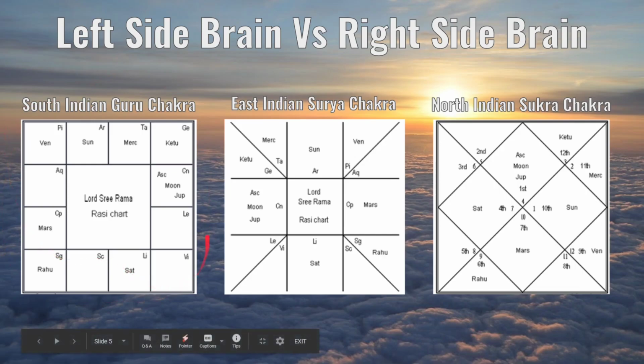You'll notice the people who are attracted to and use these South Indian chakras tend to be those kind of people, and the people who are more intuitive or more creative, they tend to be more attracted to this kind of a chakra. And how we get the effect of both by using the East Indian. So you'll see that I always use the East Indian chakra, and I encourage you to do the same if you can.